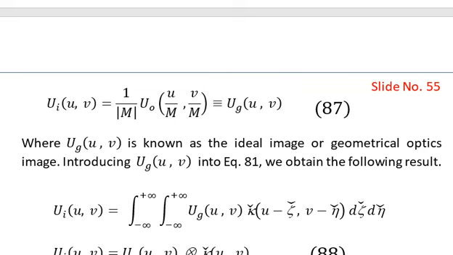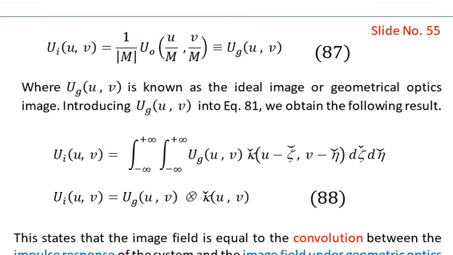So the image obtained under that condition will only involve the magnification factor, and the field at the image plane will equal the field at the object plane, except that the magnification of the system is involved. Such an image is referred to as the ideal image or the geometrical optics image, as given in equation number 87.